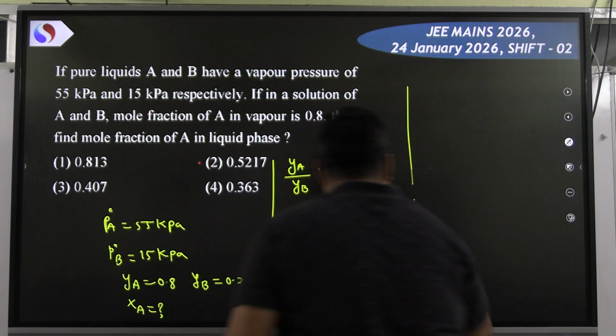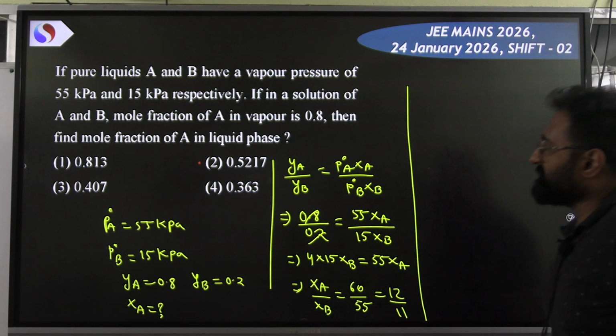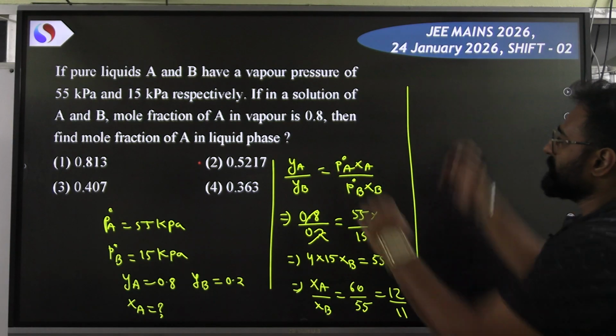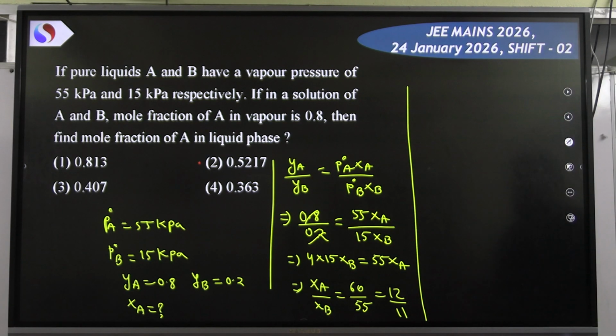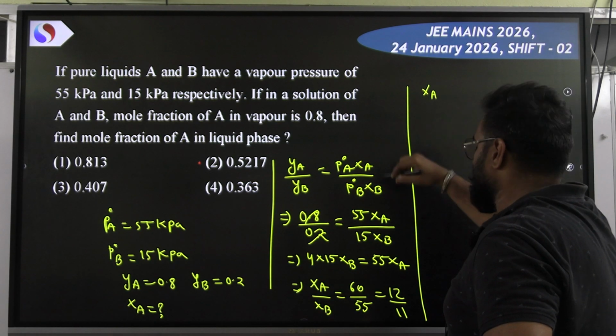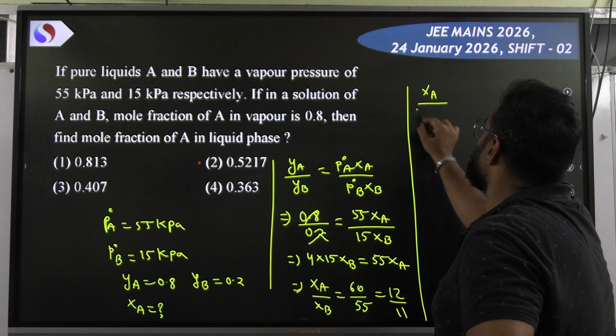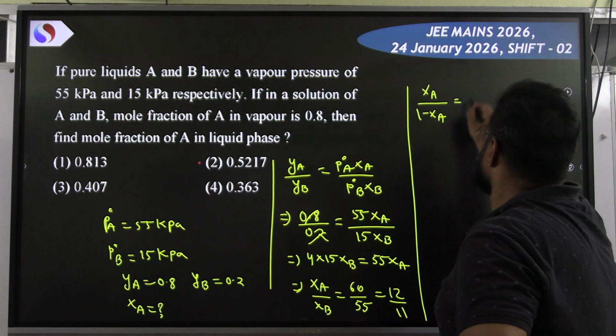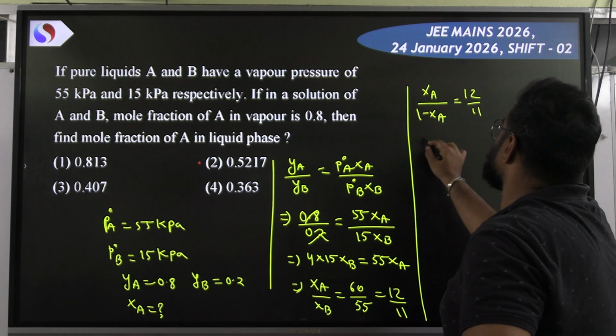Correct? So from this 12 by 11, what will be the mole fraction in the liquid phase? Now you have to find Xa, so you can simply solve: Xa upon 1 minus Xa is equal to 12 by 11.